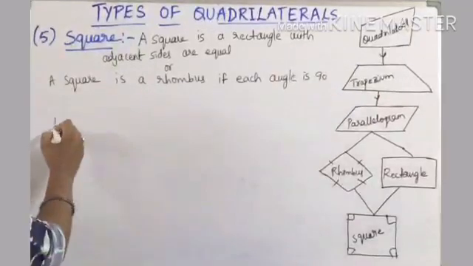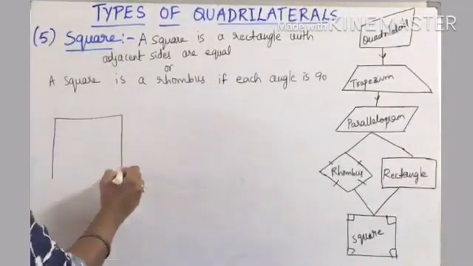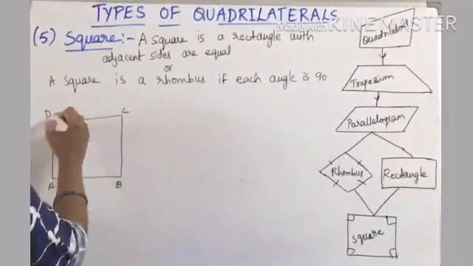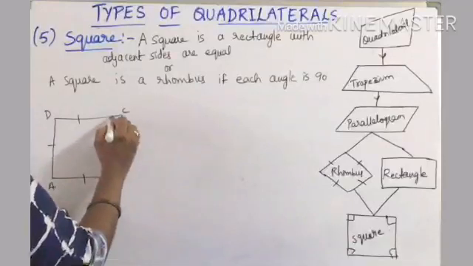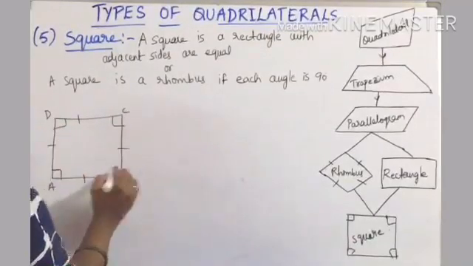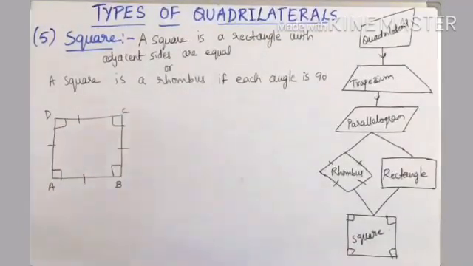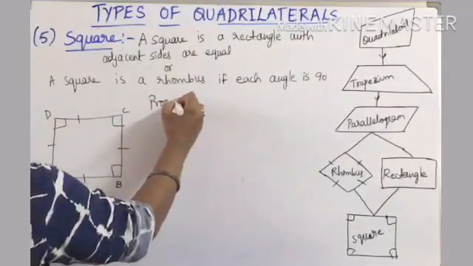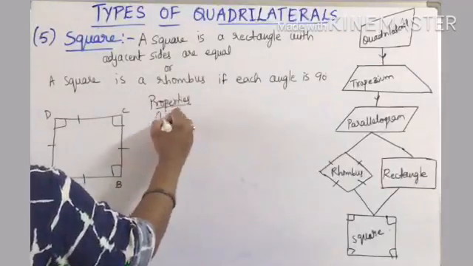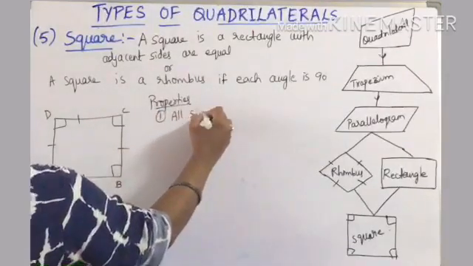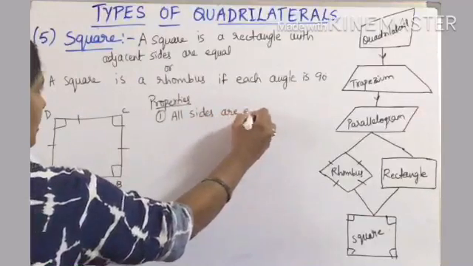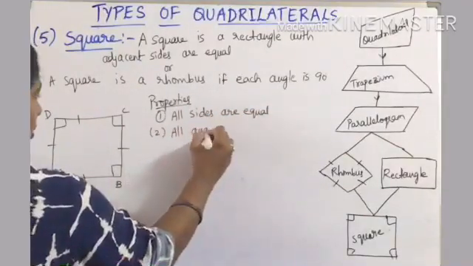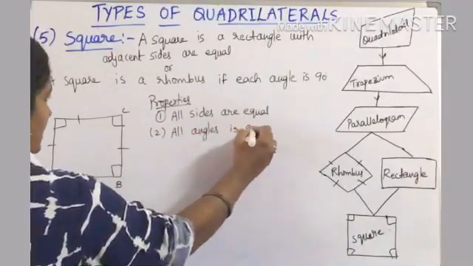Okay. So you know the shape of square. Square ABCD. In this, all sides are equal. And if you see, all the angles are 90 degrees. Is that clear? And what about these diagonals? Properties I am going to write here. First one, all sides are equal. Next property, all angles are 90 degrees.